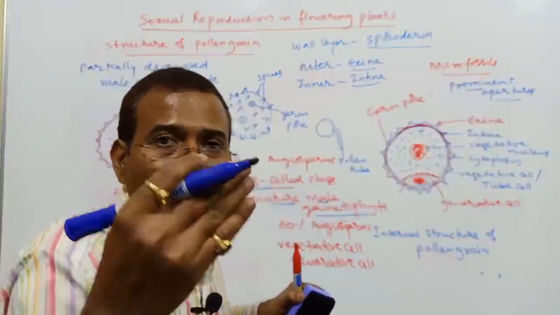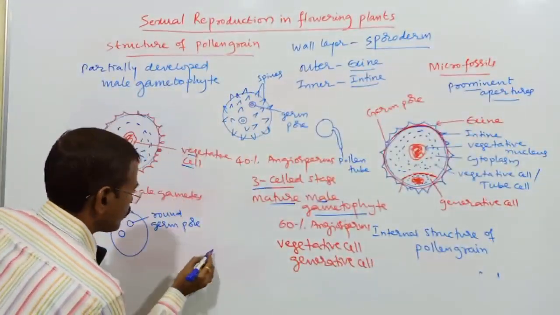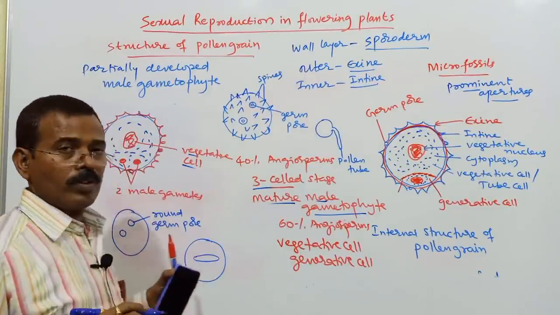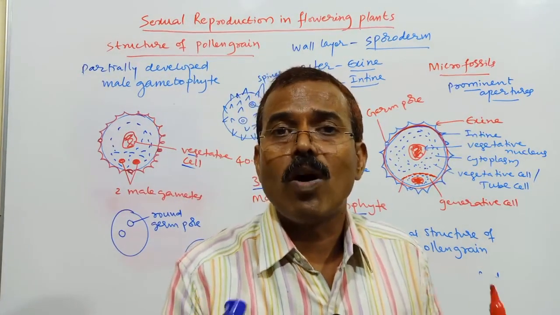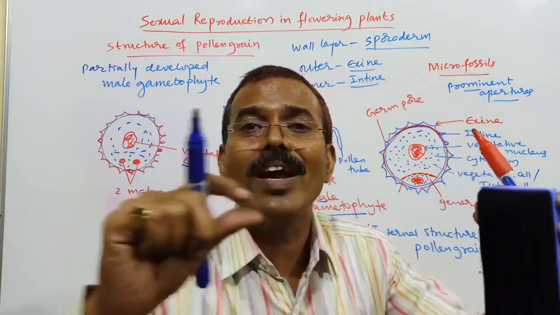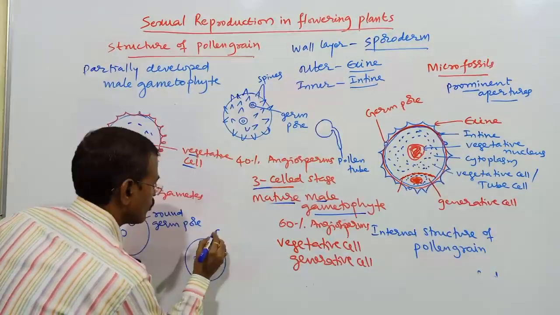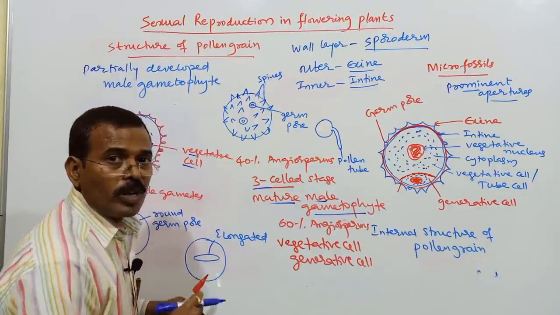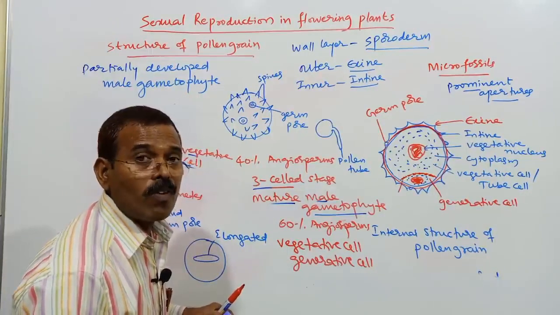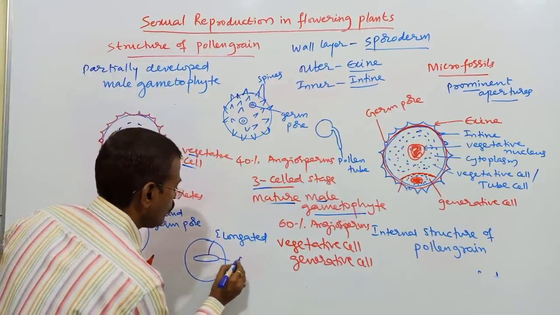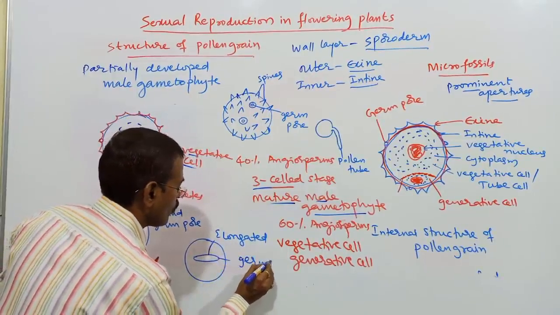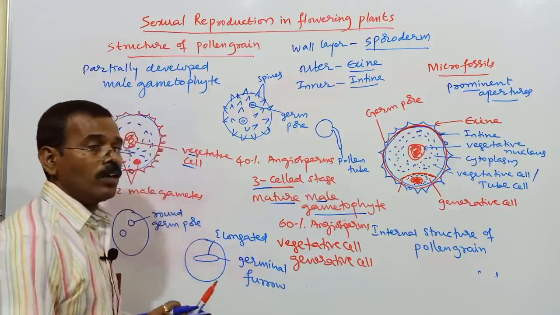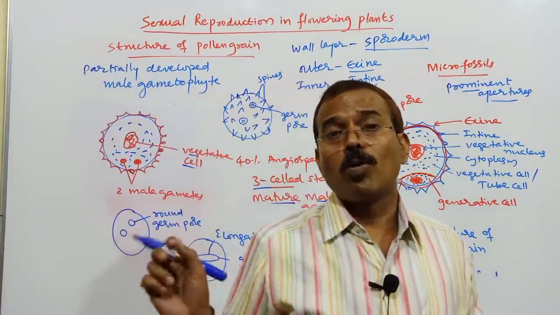On the exine layer, the aperture can also be found as elongated. This we call the germinal furrow, where sporopollenin will be absent.